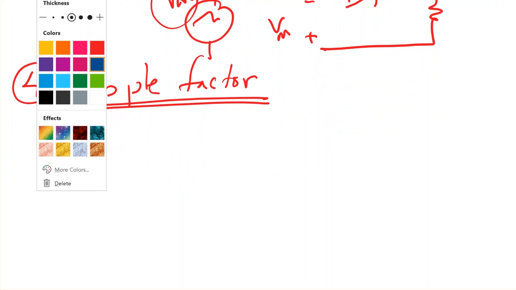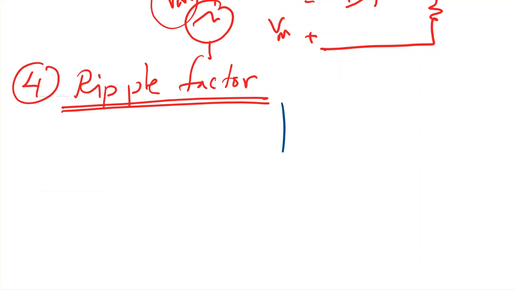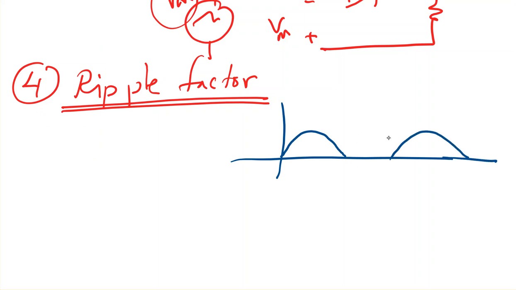We said we are converting from AC to DC. So the voltage, as we said, looks like this, and that means that we have some ripples, which means the voltage will go up and down and up and down and so on. So this is called the ripple factor. This ripple factor is usually so important that we would like to minimize it as much as possible.